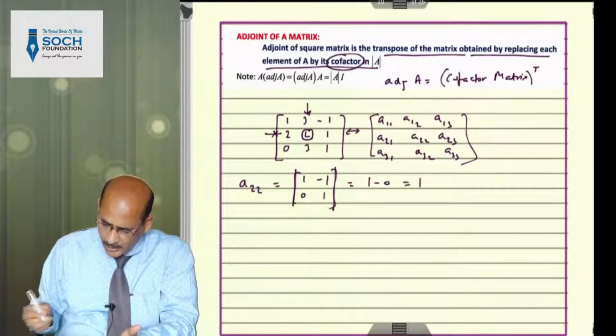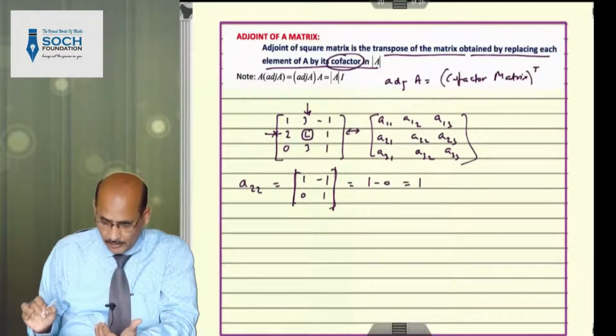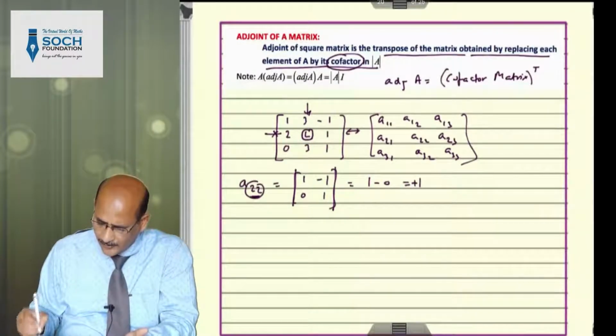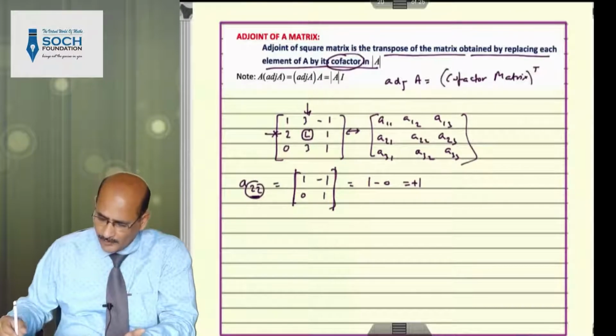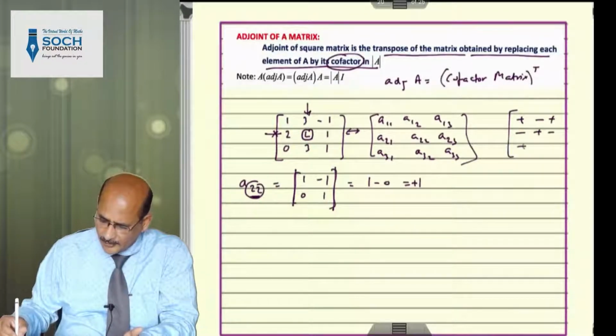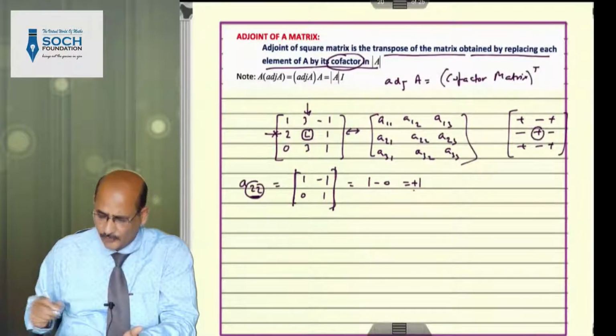Now the sign of the cofactor: the position 2, 2 adds up to an even number, so this is plus. Always remember the pattern plus, minus, plus, minus, plus, minus, plus, minus, plus. Now, A22 is plus, so I put the plus sign over here.